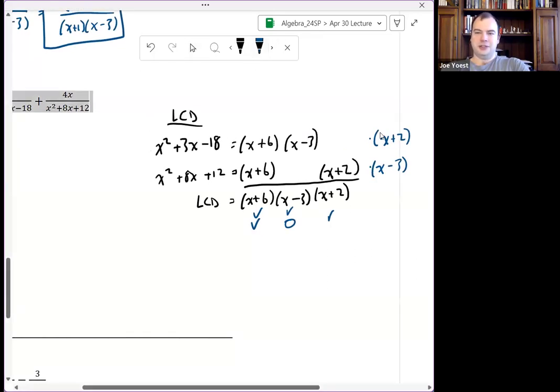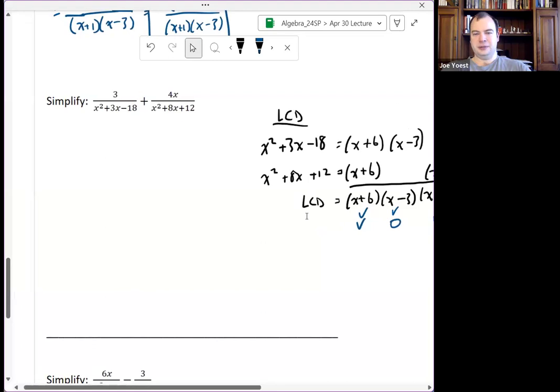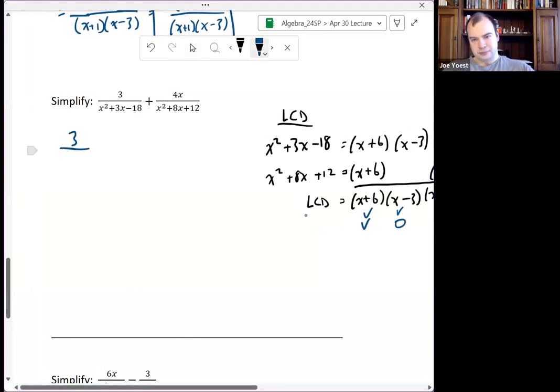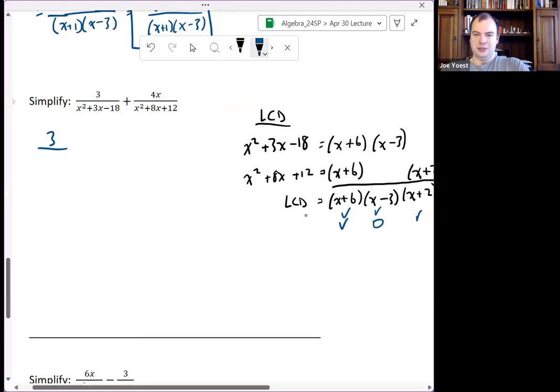So my first fraction I want to multiply by (x + 2) over (x + 2), my second by (x - 3) over (x - 3). Instead of writing this as x squared plus 3x minus 18, I'm going to choose to write this in its factored form, which I figured out over there as (x + 6)(x - 3).